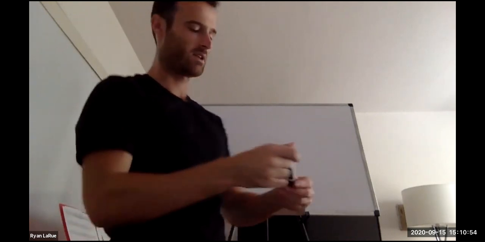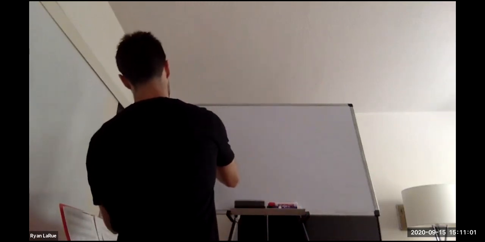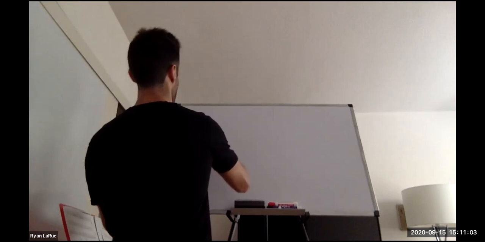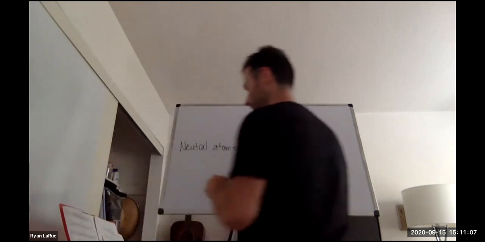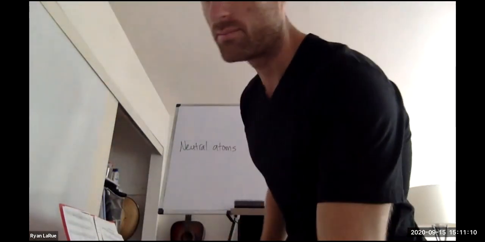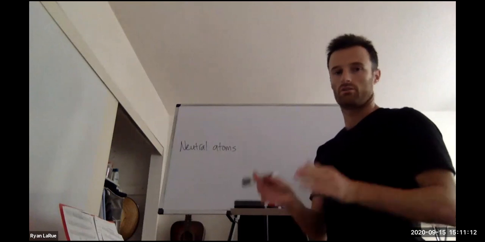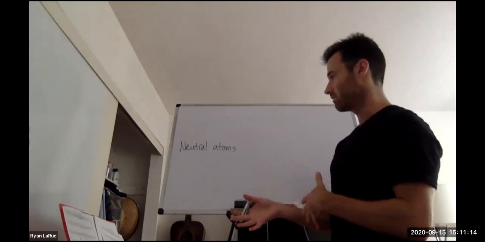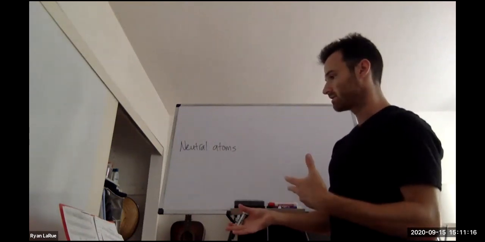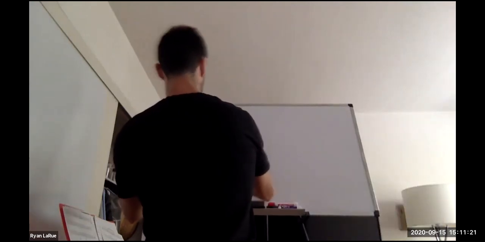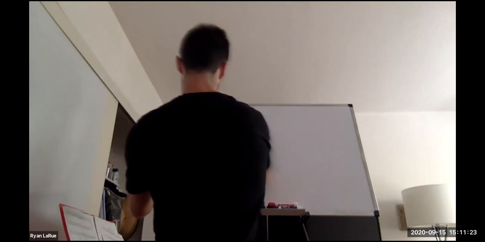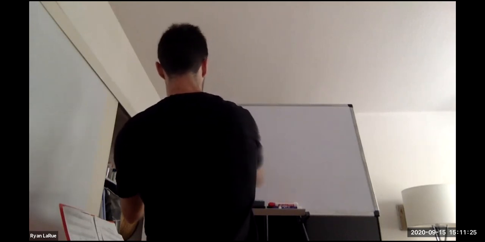And as we discussed on Thursday last week, we always start with neutral atoms, right? Neutral atoms, meaning that we have an equal number of protons as we do electrons in the atom. The number of protons equals the number of electrons.